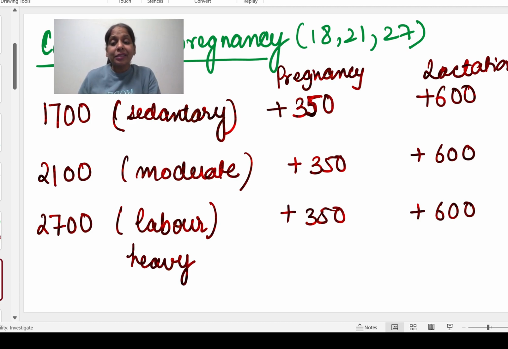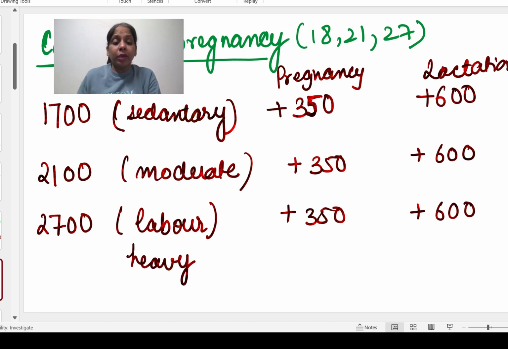And next is the lady who is doing heavy work like labor class work, then it is 2700. Okay, so these are the categories which we have.